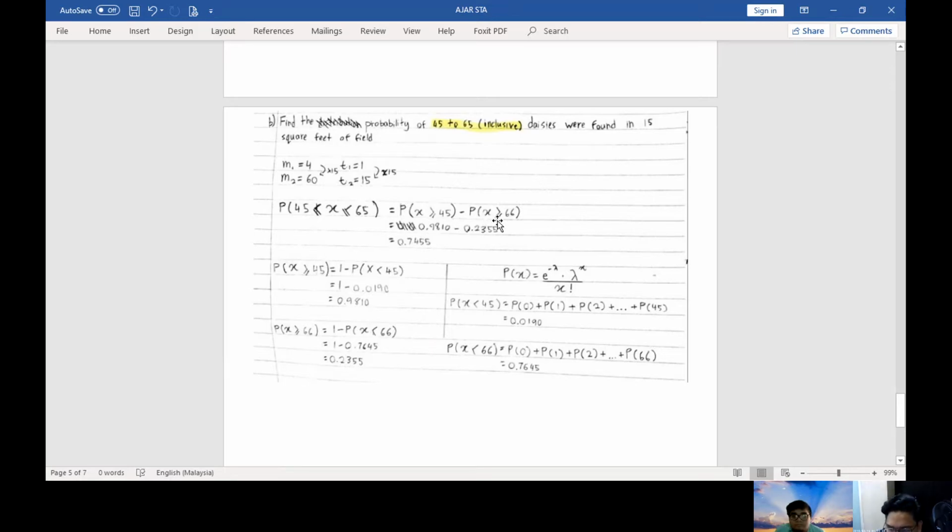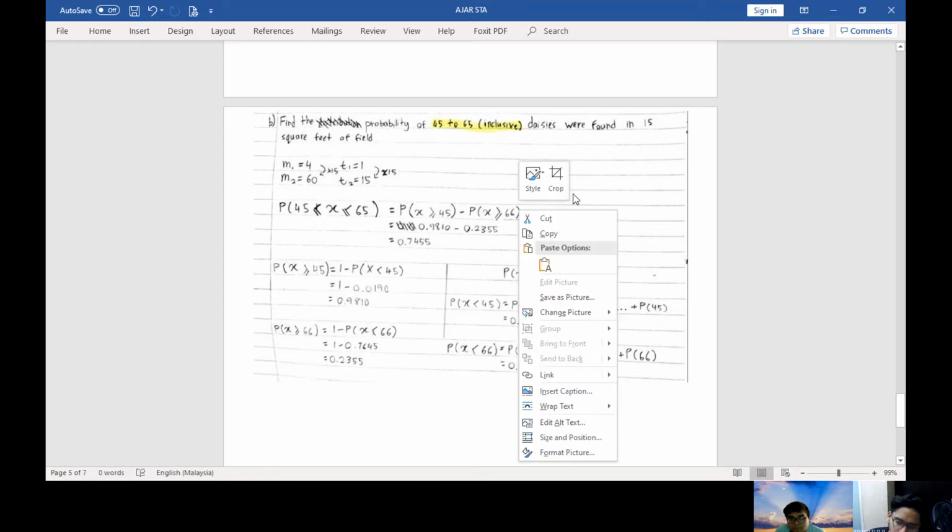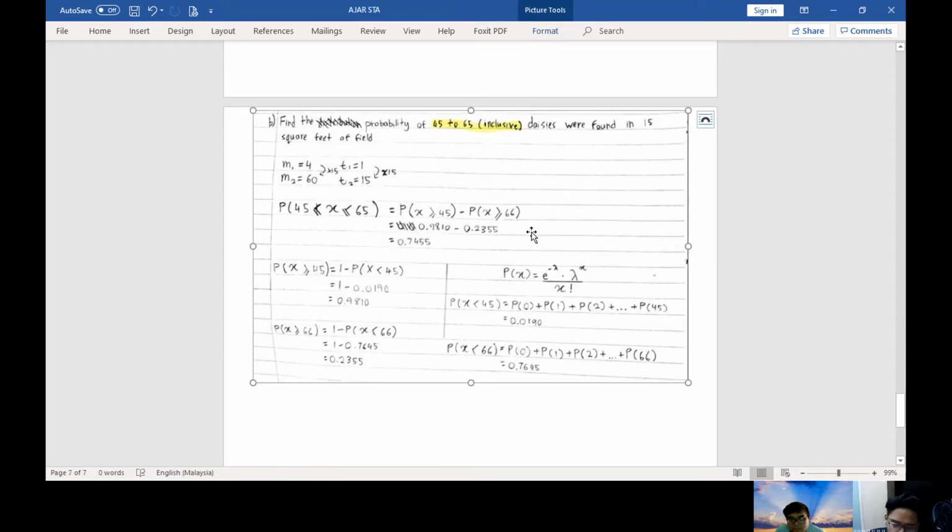Minus P(X more than or equal to 66). This is also more than 30, sorry, so you need to find the value manually. The method is the same. You just find P(X less than 66), from 0 until 65, and then you will get this value.